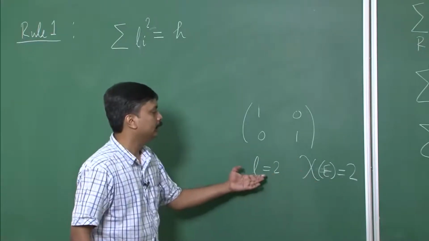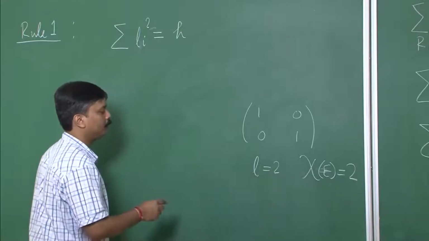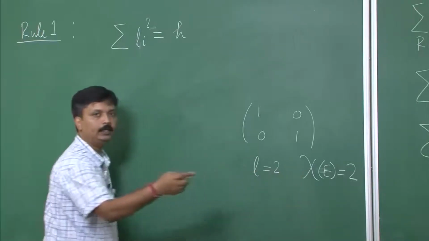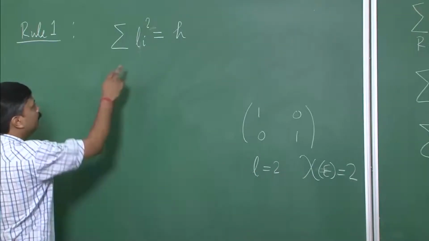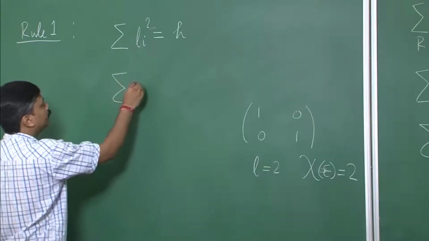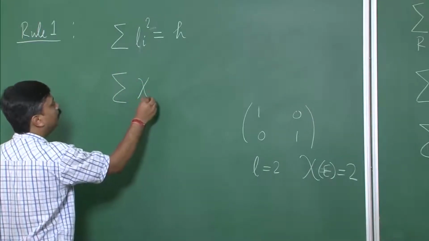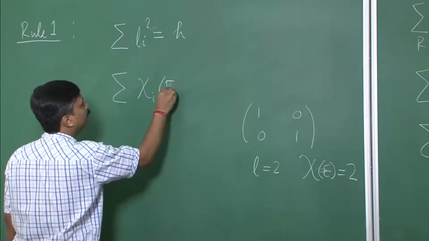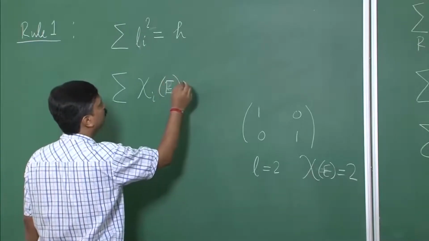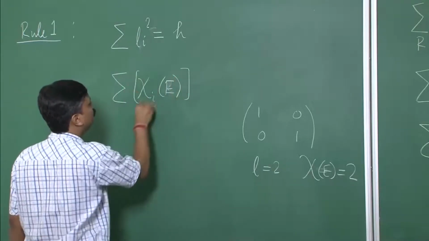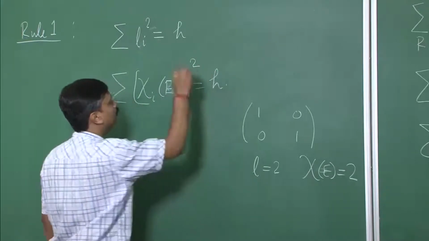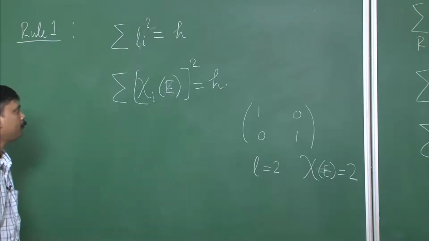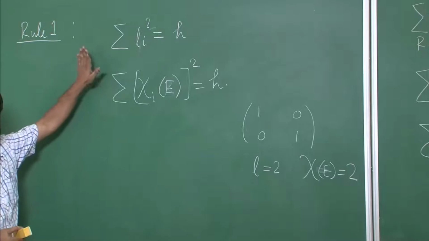Since this is the relation between the dimension of the representation and the character of the identity operation, I can rewrite this as the sum of chi i of identity squared equals the order of the group. Okay, this is a useful relation, and it comes from rule 1.